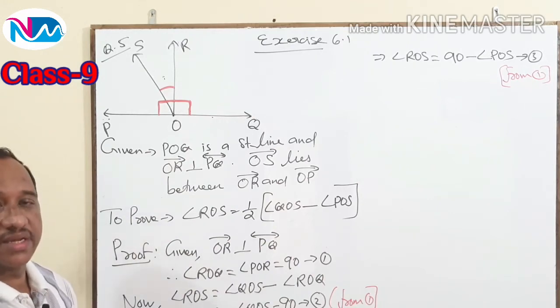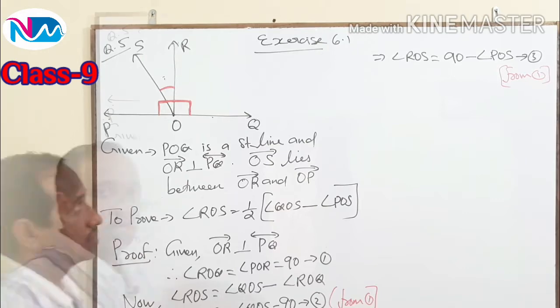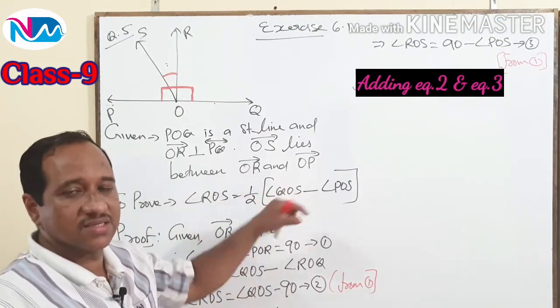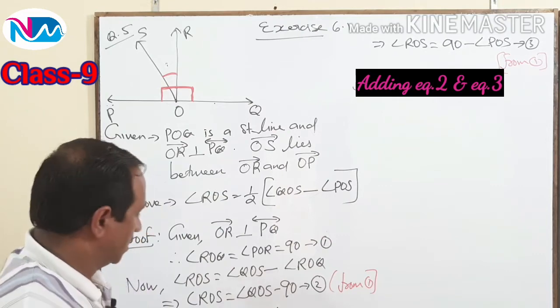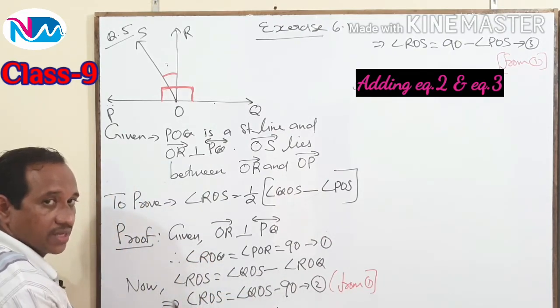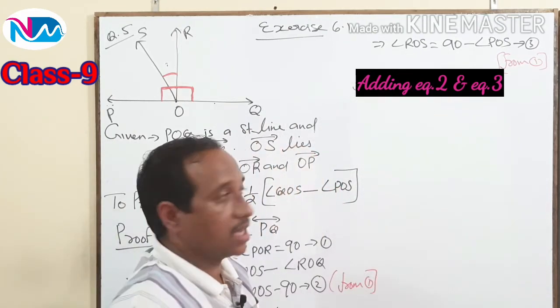So my dear students, the next step is to add equations 2 and 3. Whenever you add equations, add LHS to LHS and RHS to RHS. Here in equation 2, LHS is angle ROS. In equation 3 also, LHS is angle ROS.